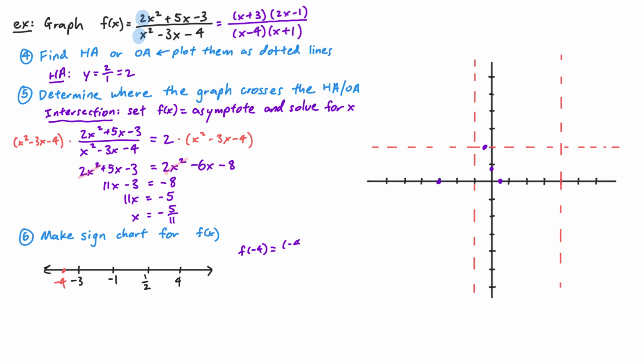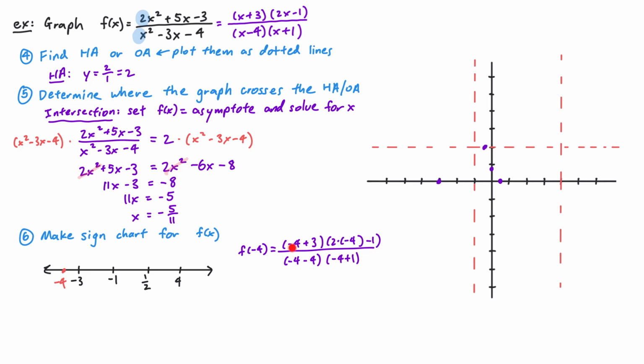This gives us (-4 plus 3) times 2 times (-4 minus 1) divided by (-4 minus 4) times (-4 plus 1). Now, if you want, you can type this into your calculator and see what the exact output is and see if it's positive or negative. An alternative is to just determine the sign of each of the factors that we have here.